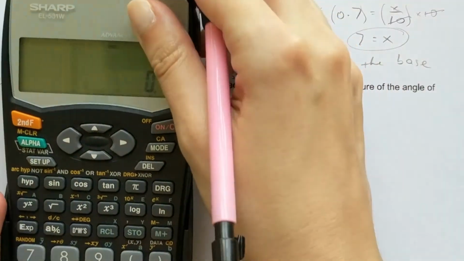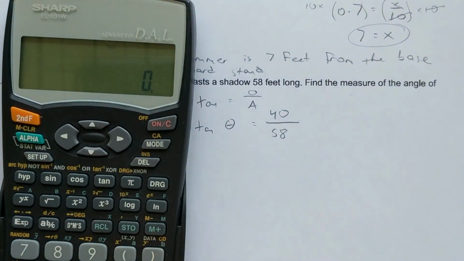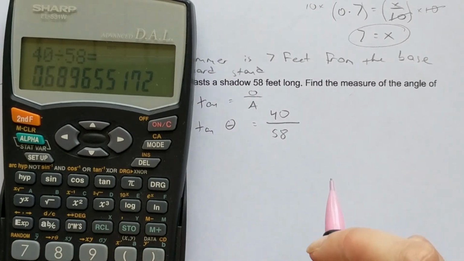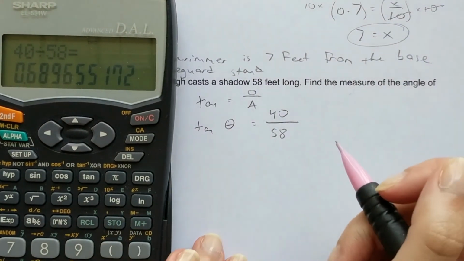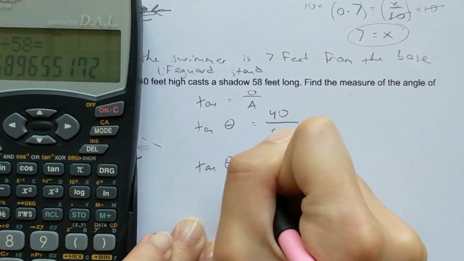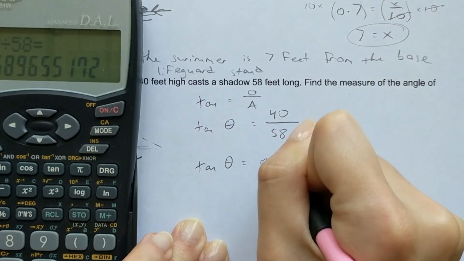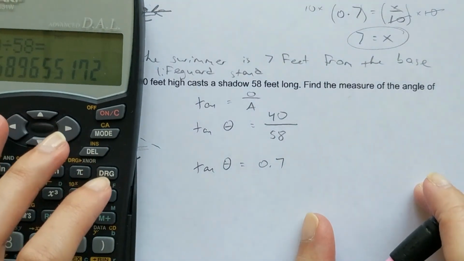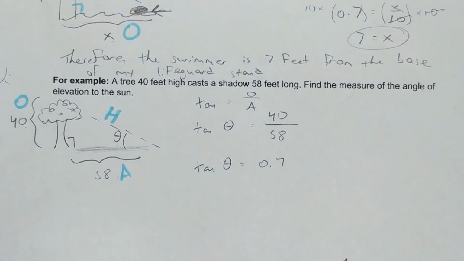Now we're going to bring in our calculator. We need to figure out what this is as a decimal. 40 divided by 58. Well, let's round that to about 0.7, shall we? So tan theta is 0.7. Now in order to get my theta, my angle, on its own, I need to do the inverse.